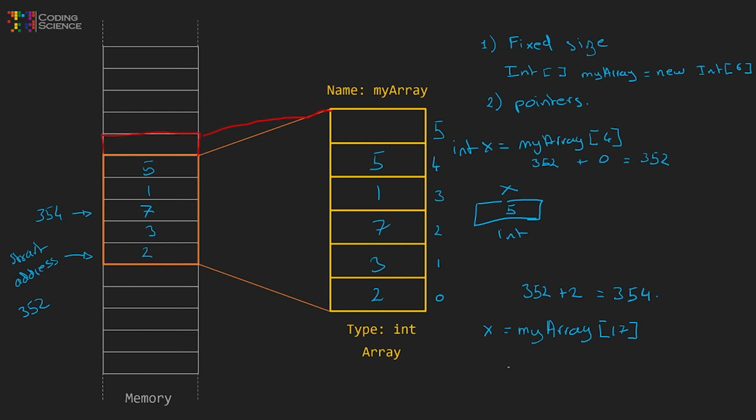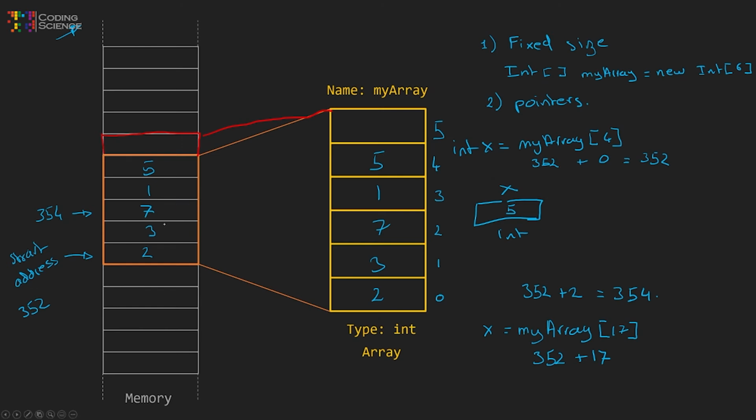Well, it starts at 352 plus 17. And then what happens there? Well, it goes up and up and keeps going up. But as you can see here, you're outside of your boundary, outside of your array. So you might get a value that is completely disconnected.